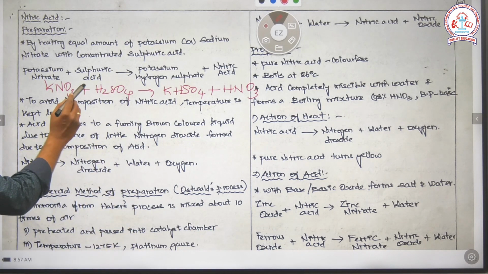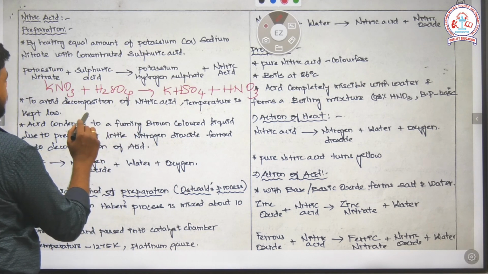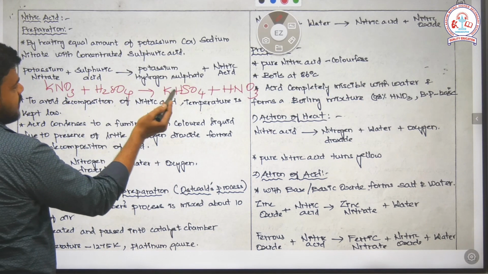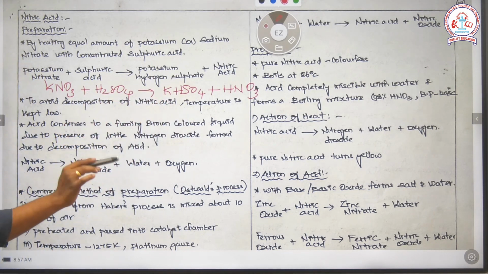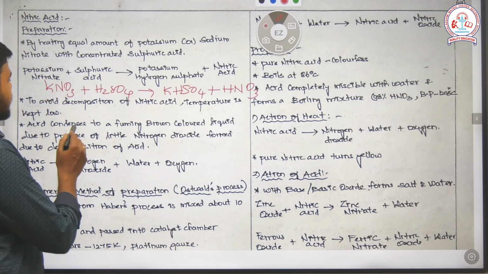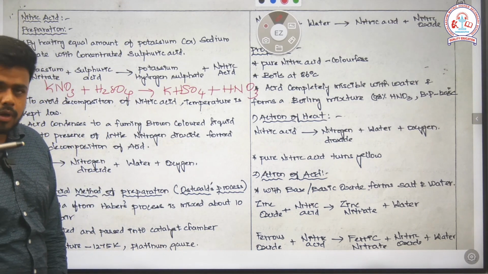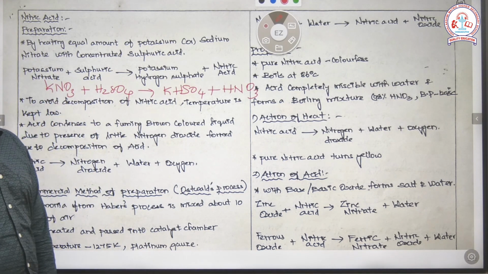To balance, potassium 1 is here, then here also it is 1, hydrogen 2, okay fine, sulfur here it is 1, there it is 1, oxygen 4, 3, 7, everything is balanced. Initially I wrote it in terms of potassium nitrite, so that's why the equation took long to get balanced. So actually the reaction happens between potassium nitrate and sulfuric acid.